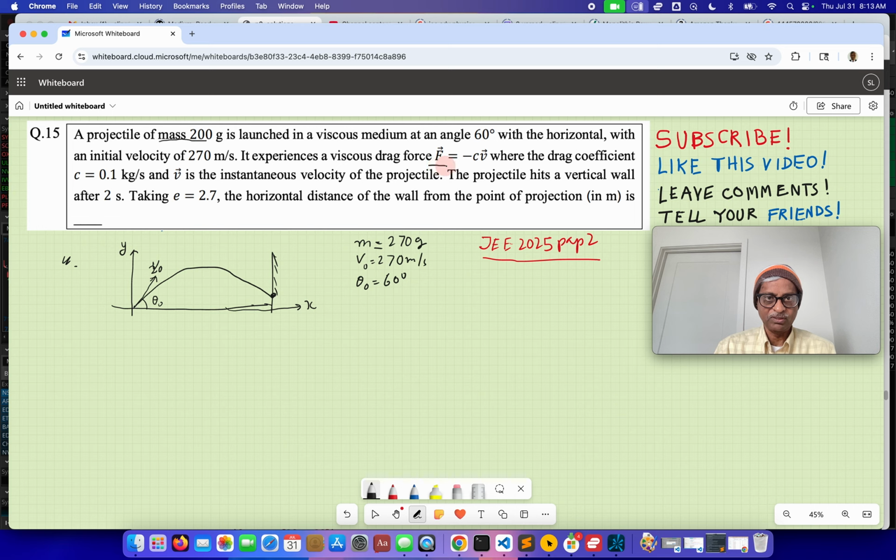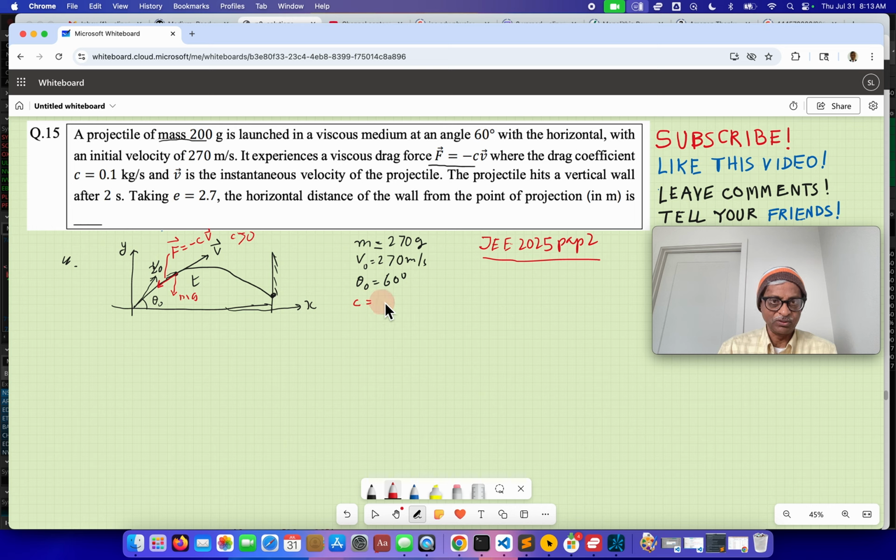So there's actually a viscous force on it. So some time t is over here. The velocity is this way. And if you look at the forces on this, of course there's a gravity this way, and exactly opposite to the velocity is this viscous force F equals minus CV, and C is greater than 0.